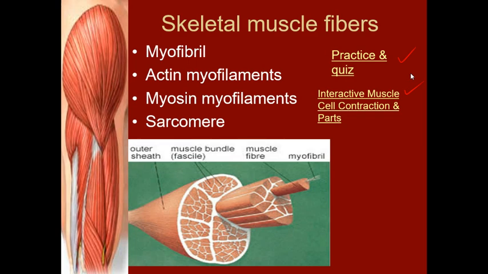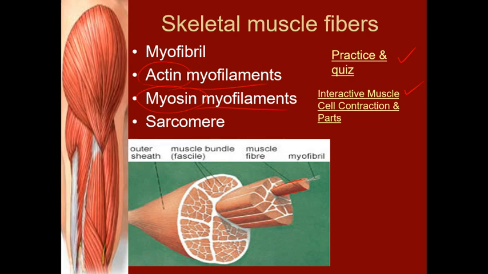All right, so let's start talking about, again, key players, and then we'll get into how that muscle contraction actually occurs. The myofibril is that smallest little section of the muscle, and the myofibril contains myofilaments. The two main types of myofilaments, once again, are actin and myosin and their interaction.